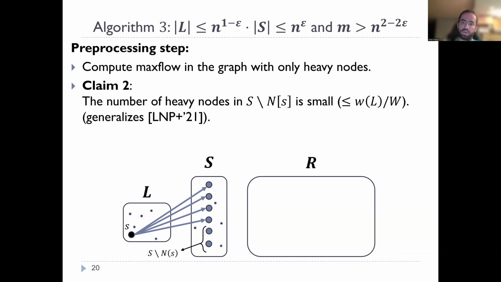Now their number is at most the weight of L divided by W, which is just the minimum bound on the weight of each node.